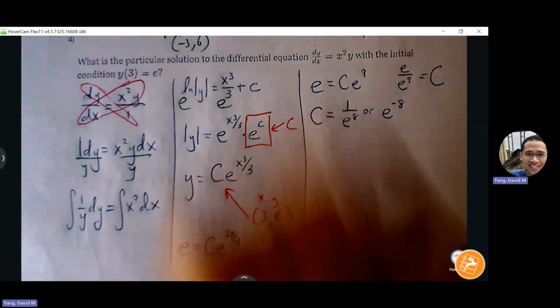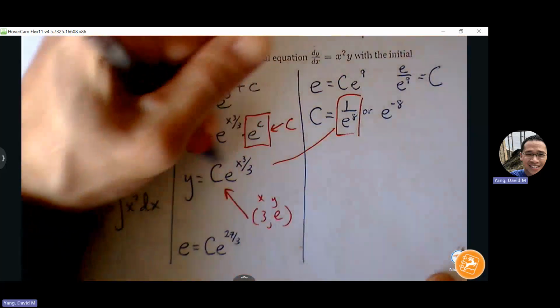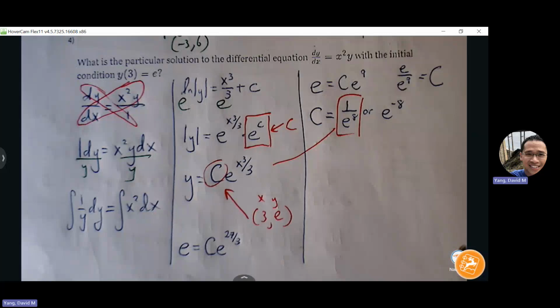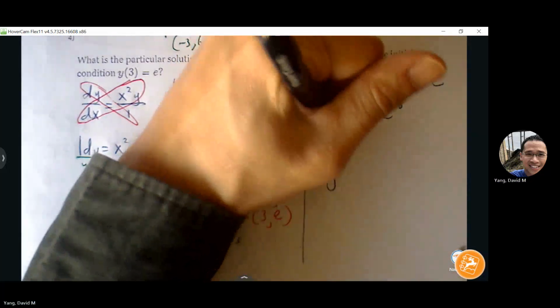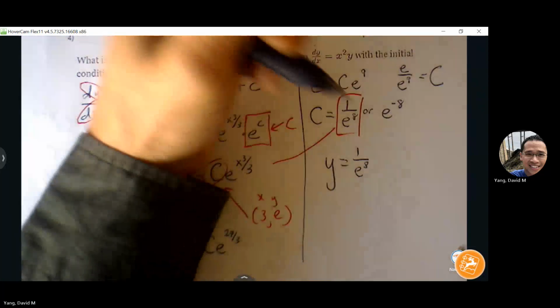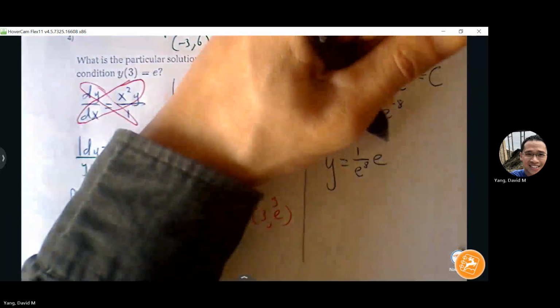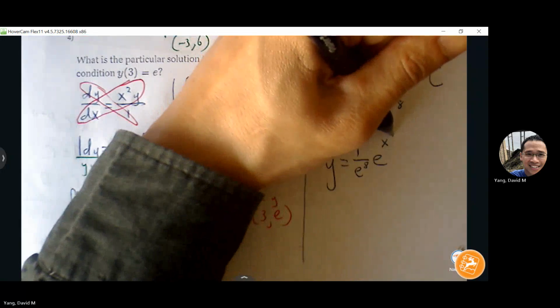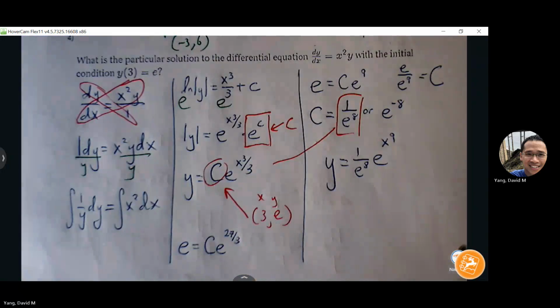So now we insert back into our equation our C value. Sorry, x cubed over 3. I need to hold on to my x, sorry.